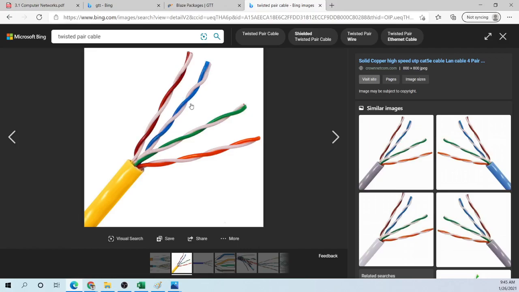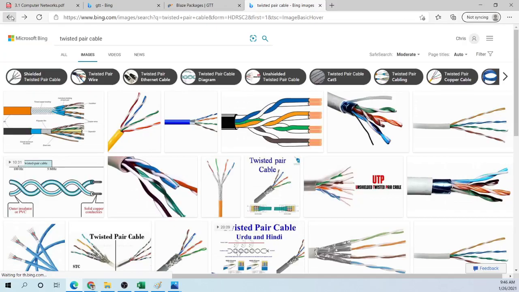And they're twisted together because they can interfere with each other. The electrical signals can interfere with each other. Because remember, you're sending data. And if the signals interfere with each other, it can corrupt your data that is being sent. So in order to prevent corrupting your data, to prevent interference with the signal, they twist those cables. That's why they're called twisted pair cables.